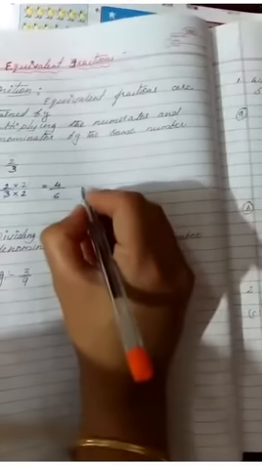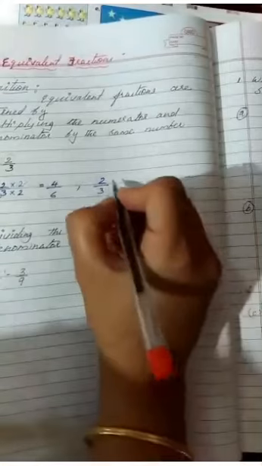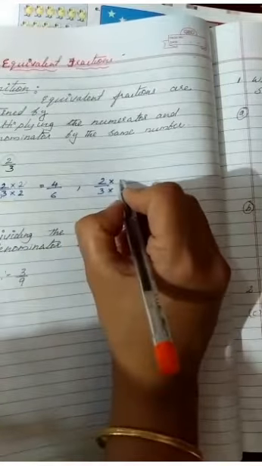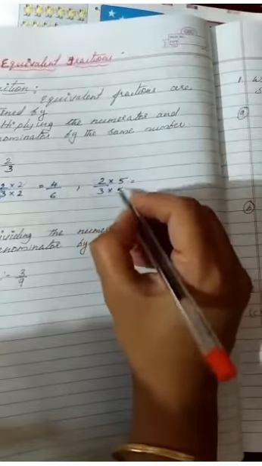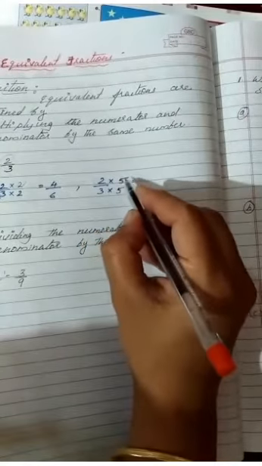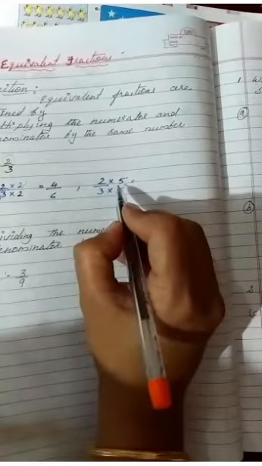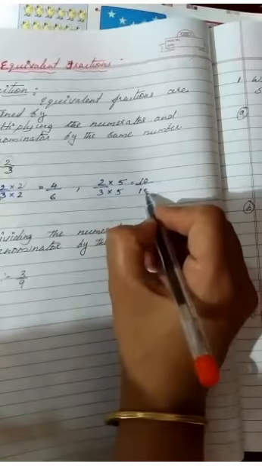Okay, another one, 2 upon 3. We can find another equivalent fraction. Suppose I multiply both the numerator and denominator by 5. We have to remember to multiply the numerator and denominator by the same number. So 2 into 5 is 10, and 3 5s are 15.